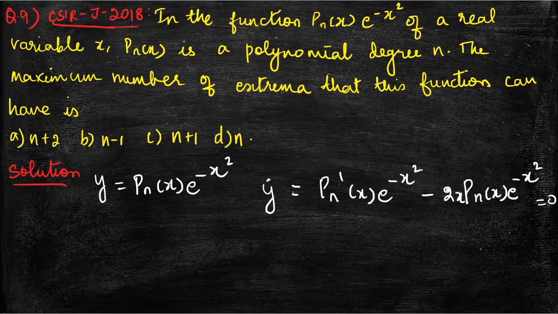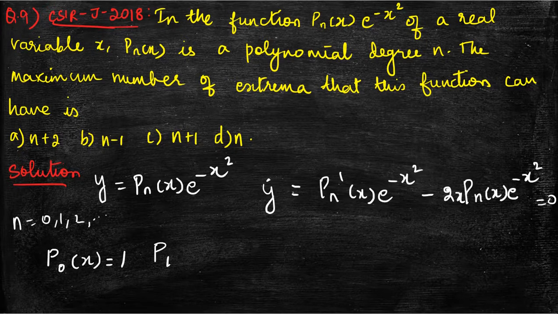But we do not know what is the polynomial Pn of x. So now I am going to consider the values for n equal to 0, 1, 2, and so on. For P0 of x, I know the value is 1. P1 of x, the value is x.